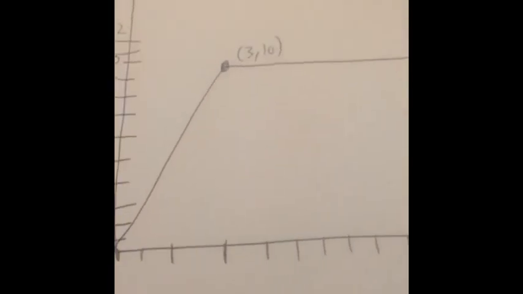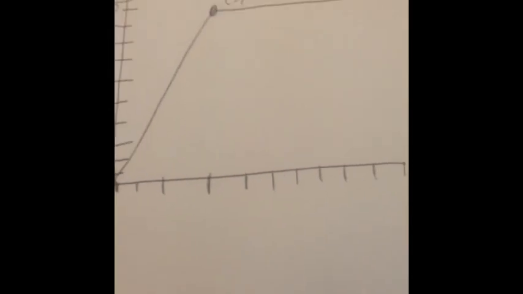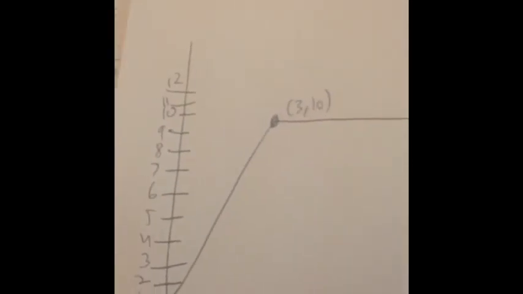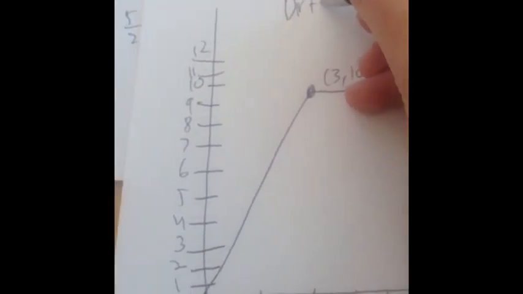Alright, the other problem we're doing, we put up on the website as well. It's the one where they give us the graph, and this graph is of Dirty Dan.